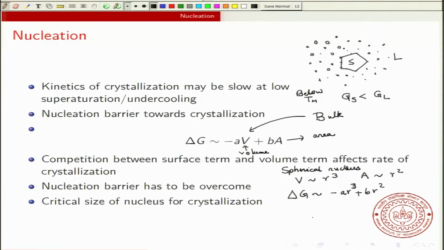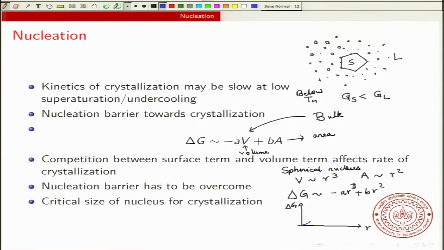Now, if you plot this free energy difference as a function of r, what you will see is that when r is very small, then the r square is much greater than r cube. So the r square term will be important when r is very small. So when r is very small, it will look like the r square, and this is a positive term.